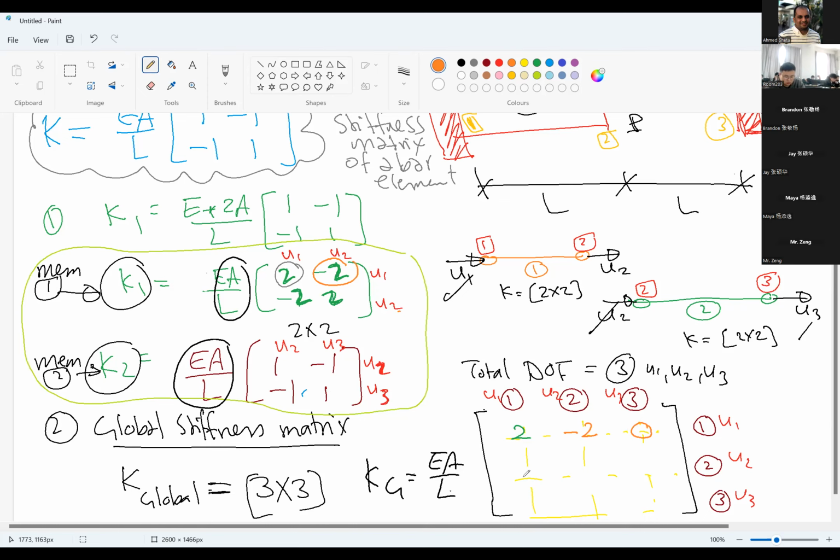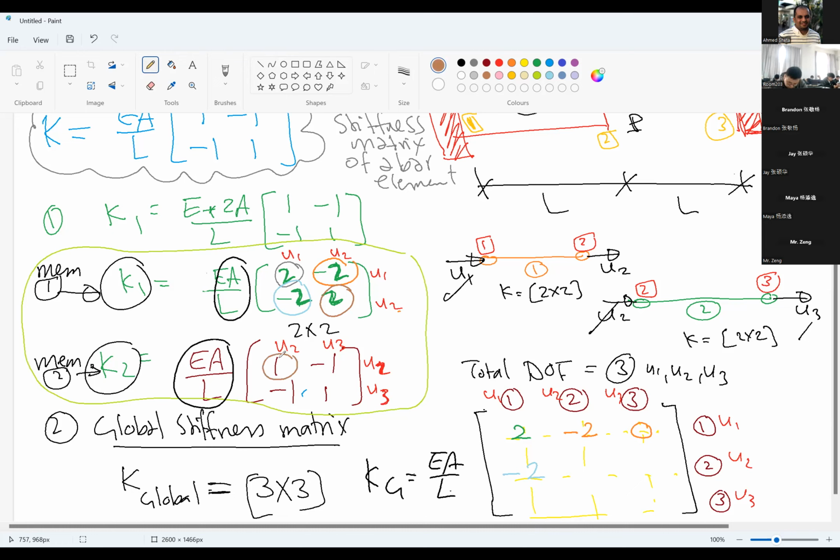Okay. For the second row, we have U2. So here U1 with U2. U1 with U2, we have this member only, so it will be -2. For U22, we have a common thing here. The first thing we have 2 and we have 1 here.